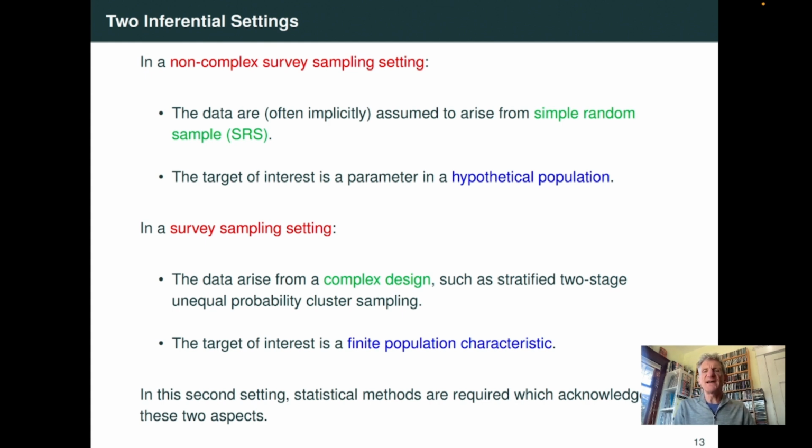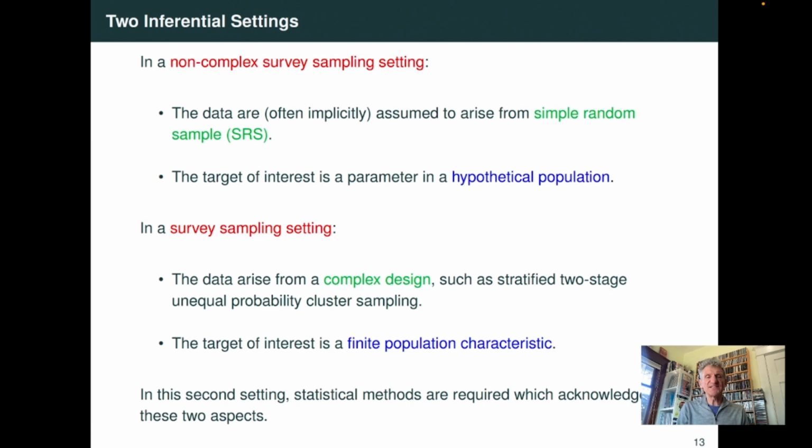And in this situation, we often think of the parameter of interest as from some hypothetical population. So we imagine there's an infinite population we've drawn a sample from, and then we calculate some empirical proportion, and that's really targeting the proportion within some infinite population.